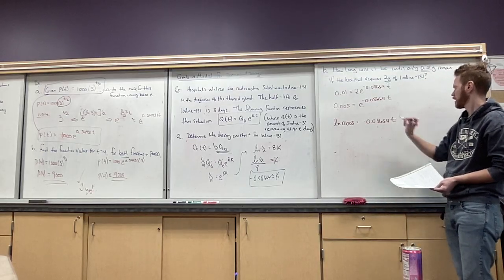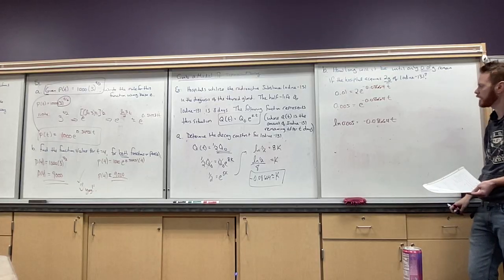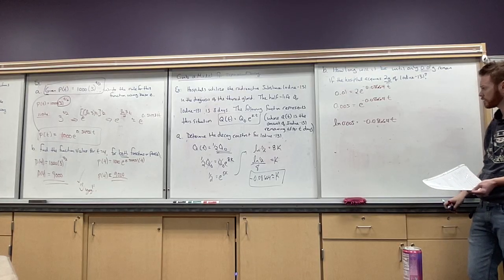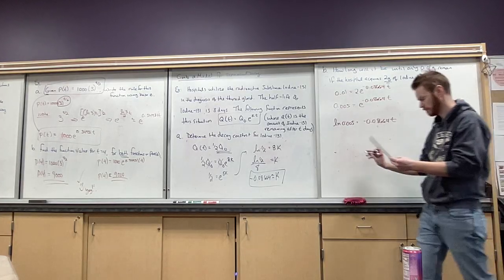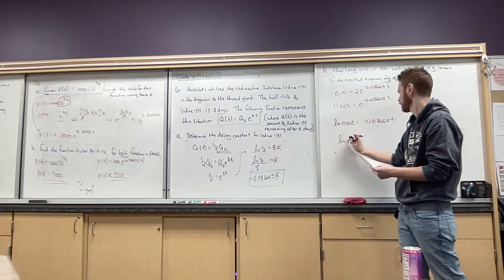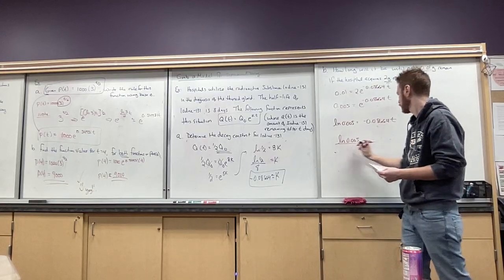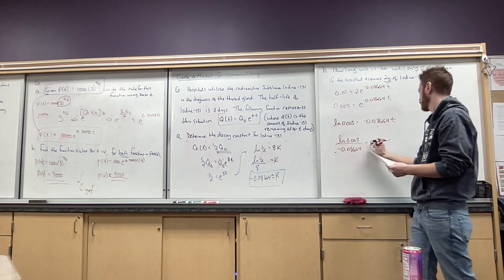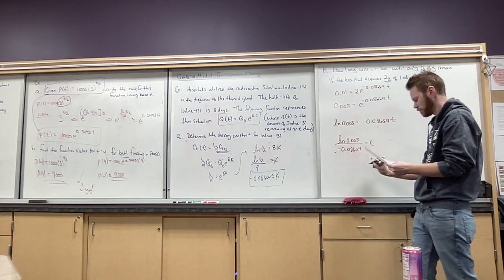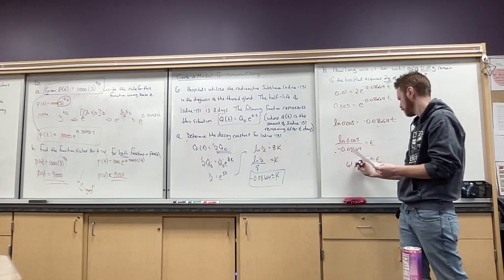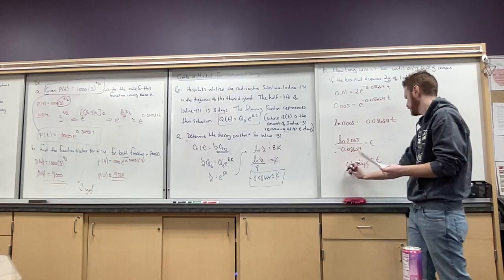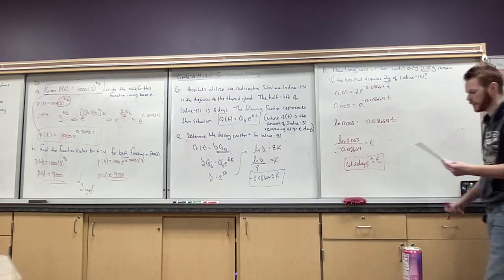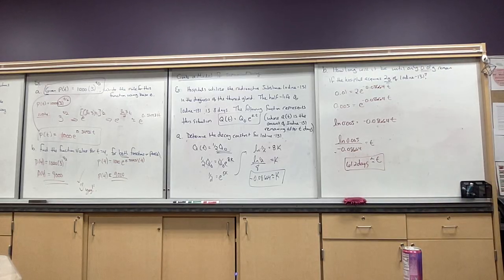Okay, and then we'll divide by the negative 0.08664. So, drum roll, type it in the calculator, we get 61.2 days. Okay, so that's how long it's going to take to go from 2 grams to 0.01 grams.